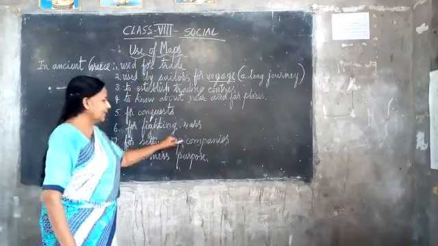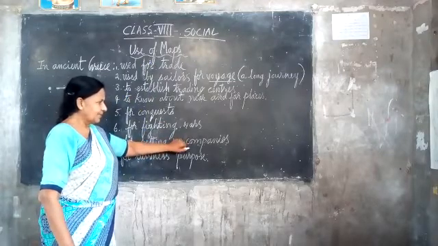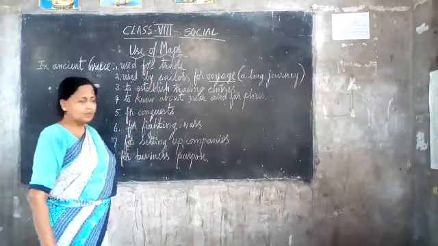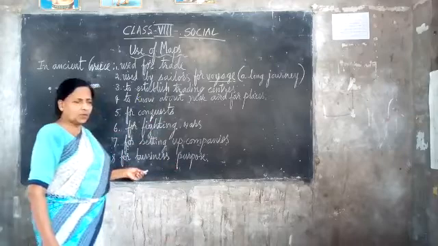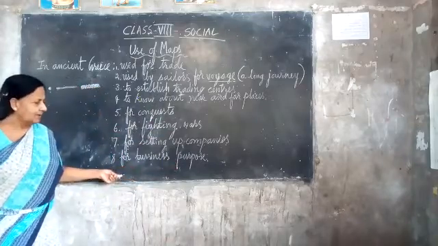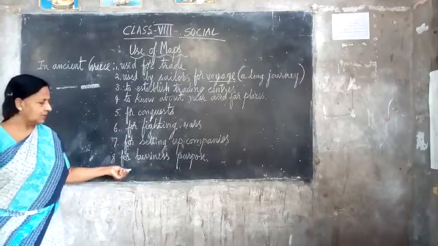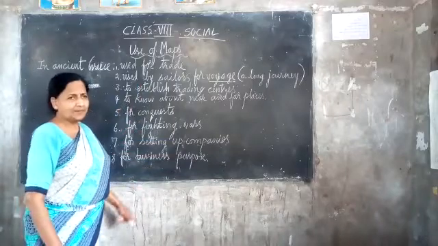For setting up companies, to find the bare land, they would refer to a map. For business purposes, when they wanted to open up business in a particular kingdom, town or city, they would refer to a map.